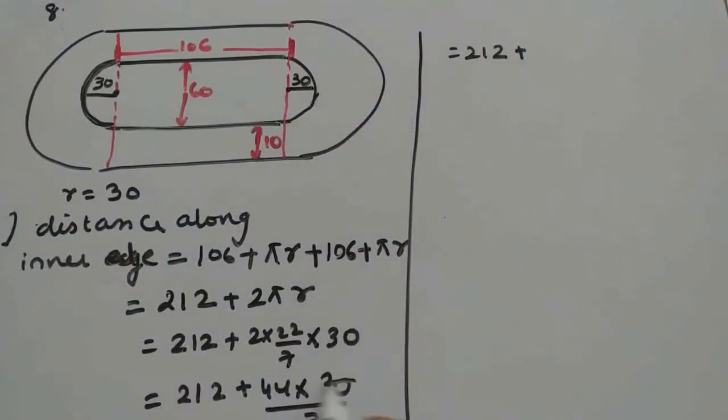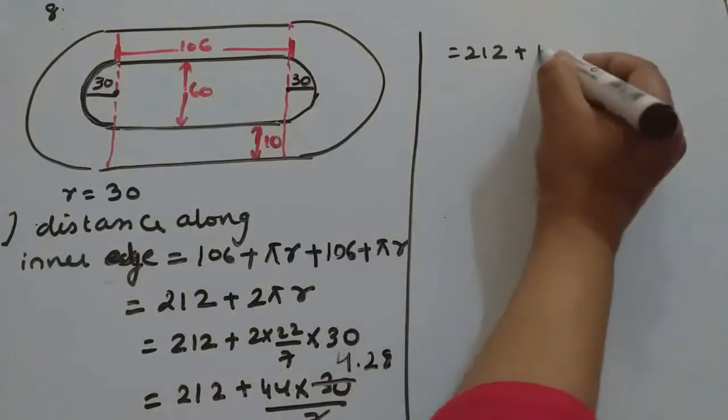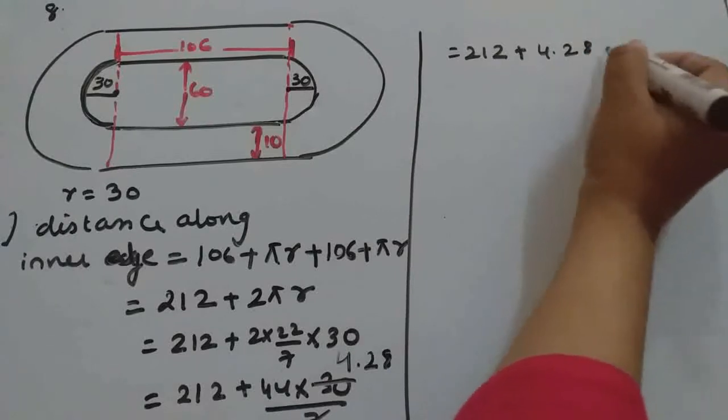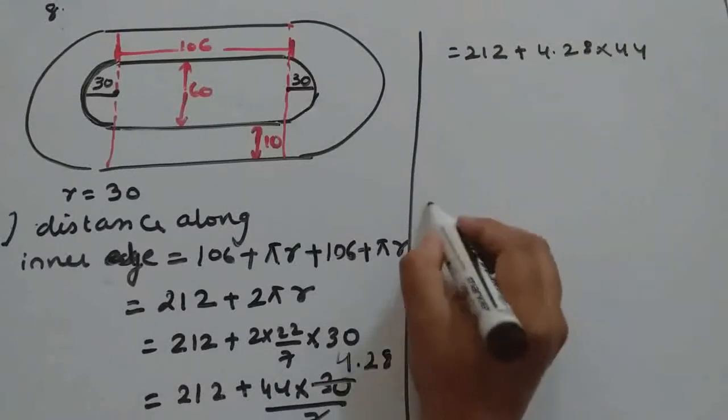So from 7 we can cancel this. 7 4s are 28, then 2 will remain, 7 2s are 14, 6 will remain, 7 8s are 56. Multiply.